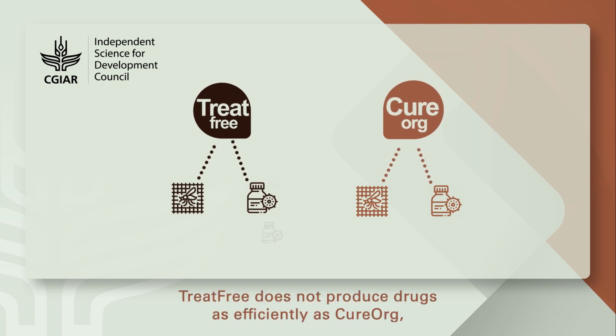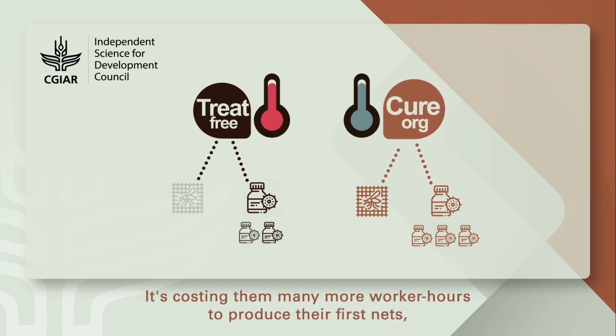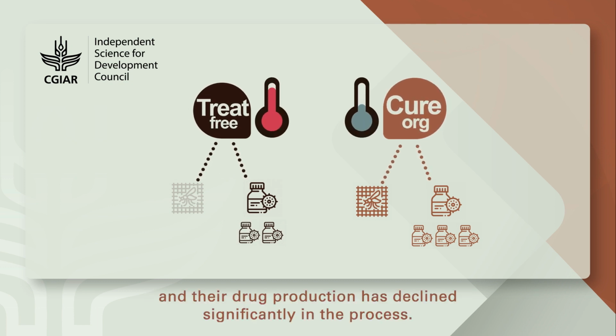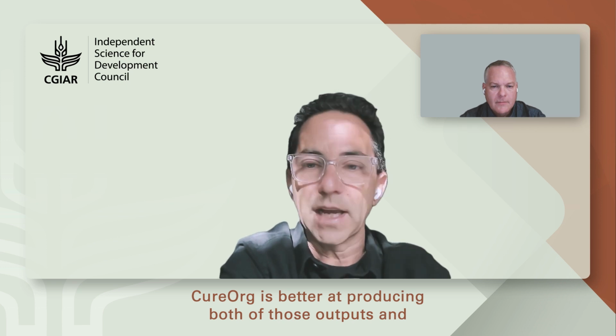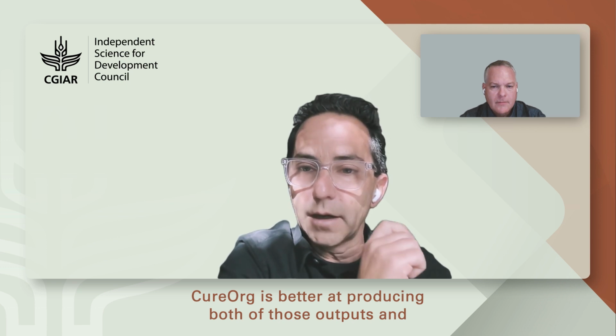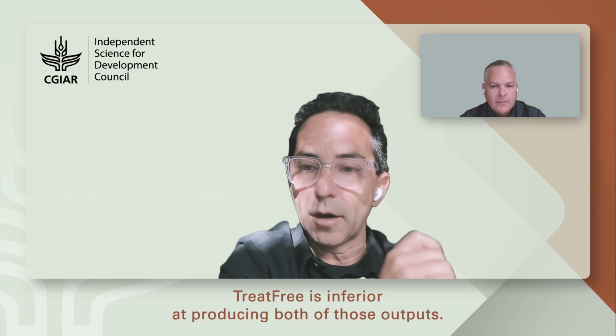Treat Free does not produce drugs as efficiently as CURE.org, and it also has no or limited expertise in bed nets. It's costing them many more worker hours to produce their first nets, and their drug production has declined significantly in the process. So the key insight here is that CURE.org is better at producing both of those outputs, and Treat Free is inferior at producing both of those outputs.